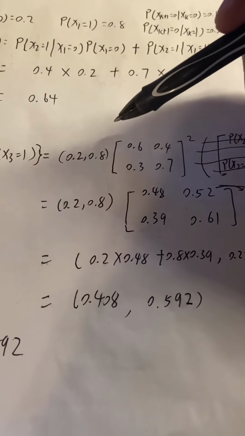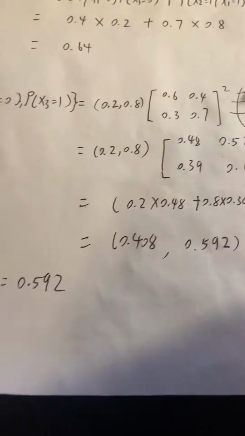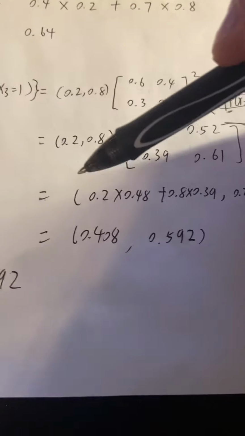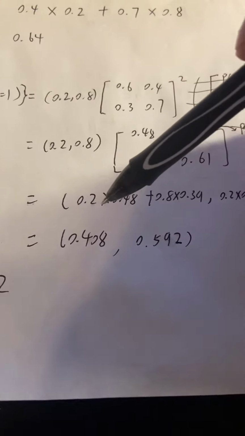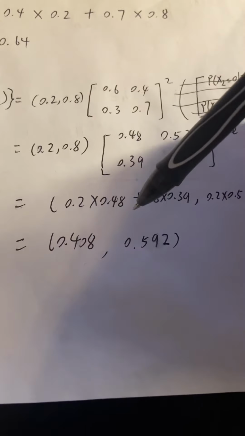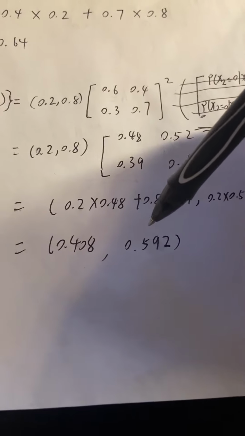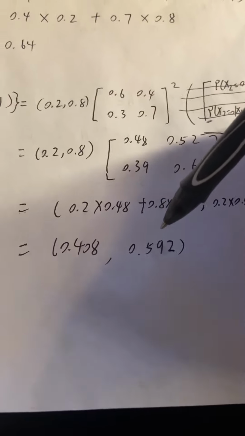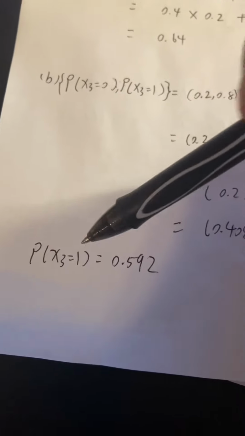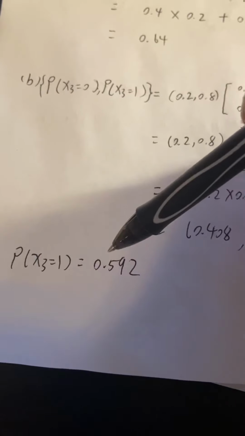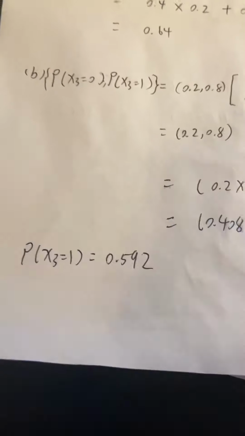So the final result would be 0.408 and 0.592. So the probability of x3 equals 1 is 0.592.